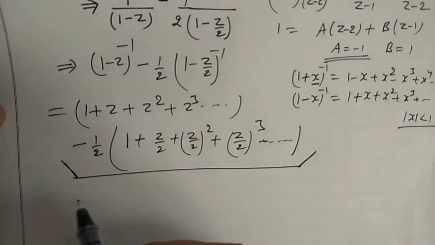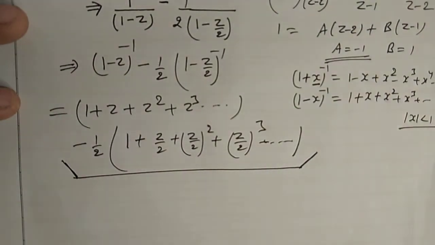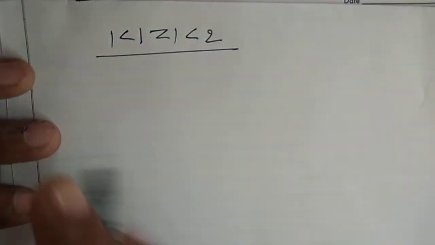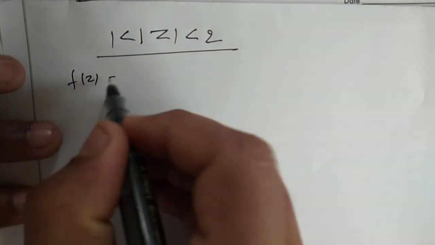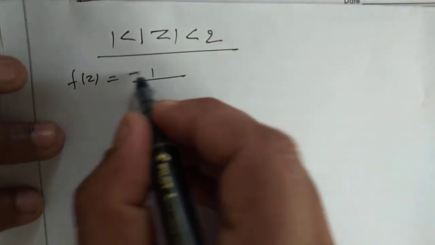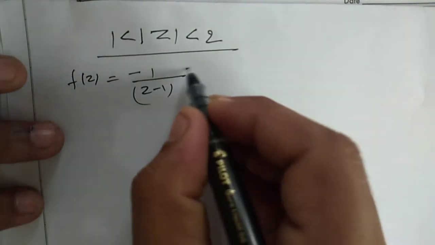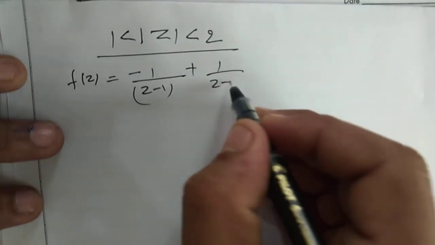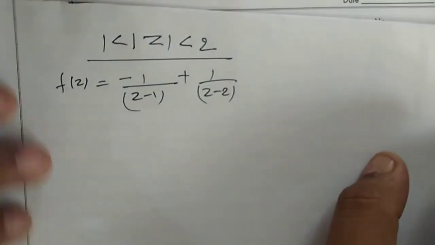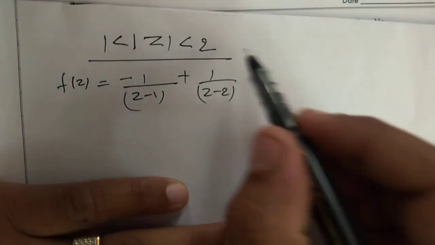Now let us see the second region. The second region is given by 1 < |z| < 2, and f(z) = -1/(z-1) + 1/(z-2).